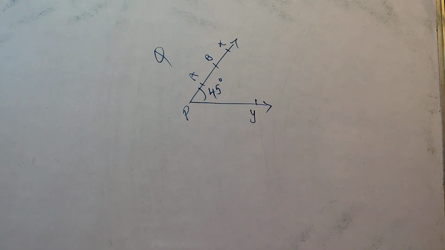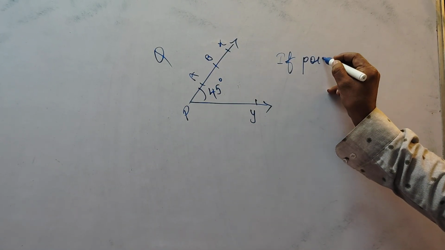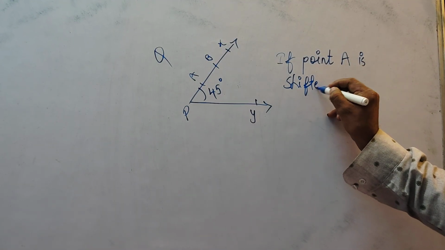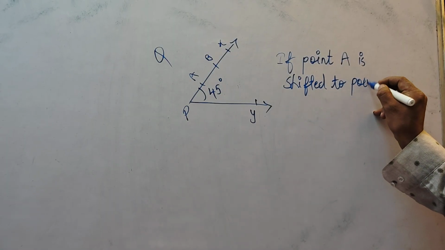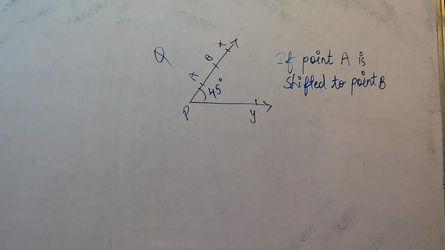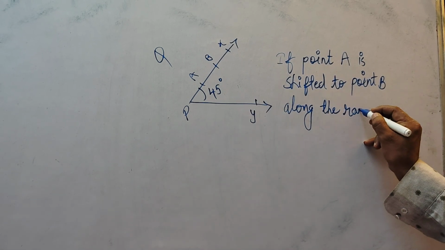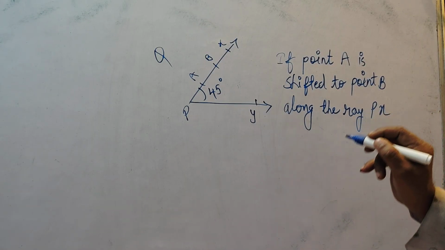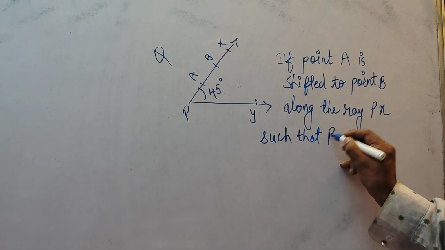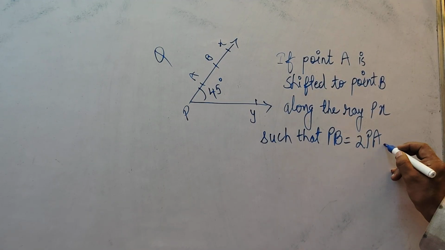Now the question says, if point A is shifted to point B along the ray PX, such that PB equals two times PA, then the measure of angle BPY.